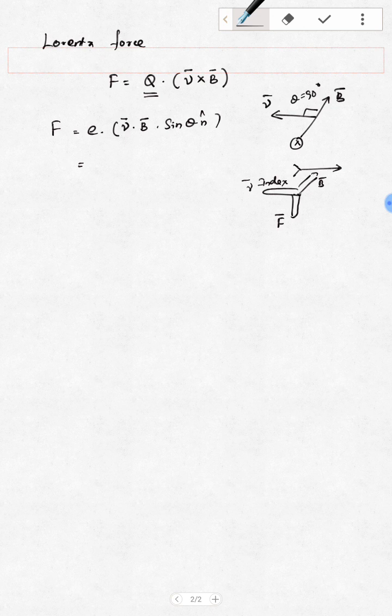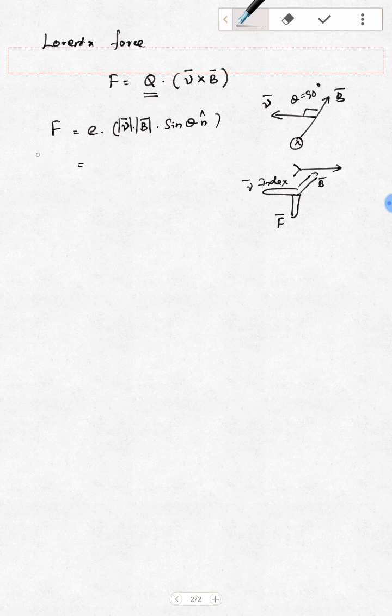If I take only the scalar component of it, this is actually the magnitude of both sine theta, and n cap is a unit vector, which is an orthogonal unit vector. So here, since theta equals 90 degrees, sine 90 will become 1.